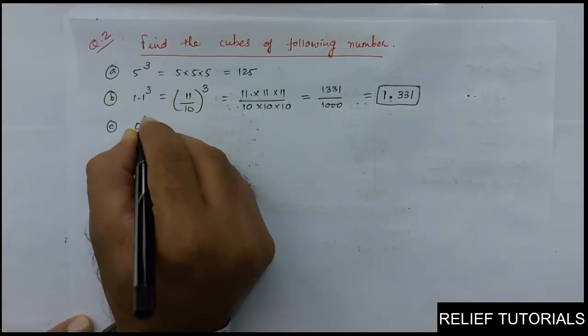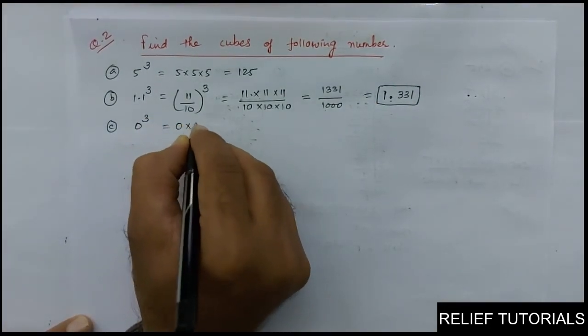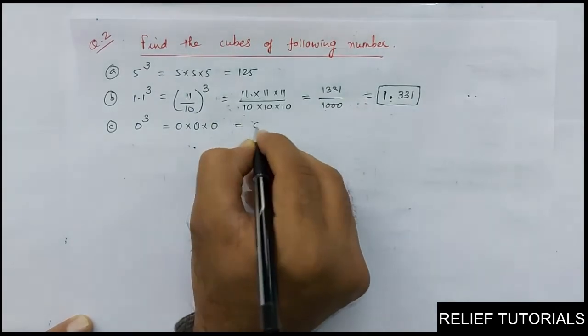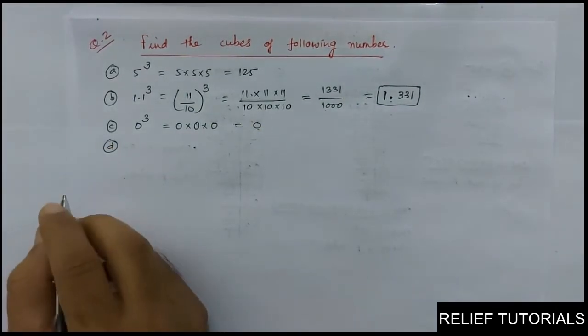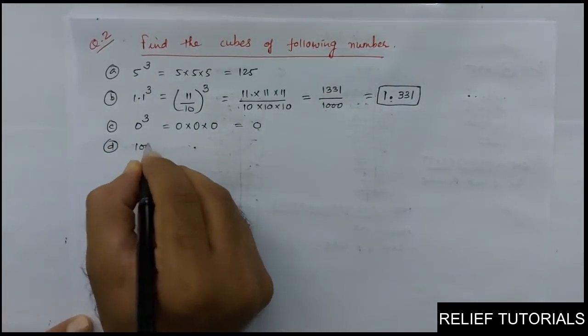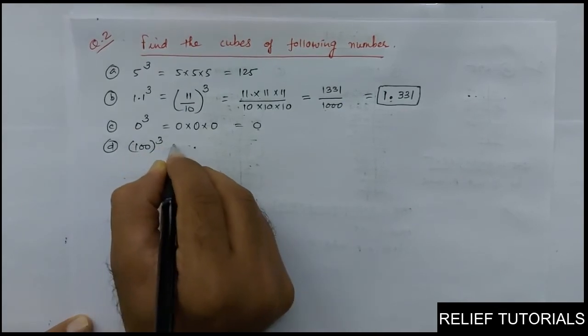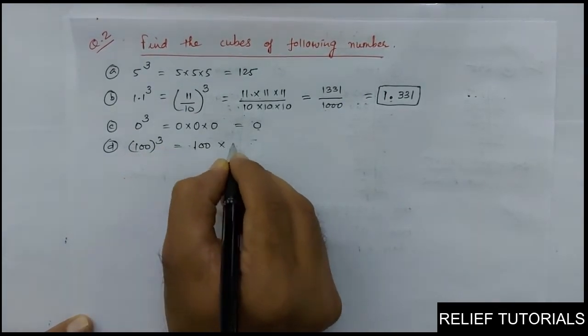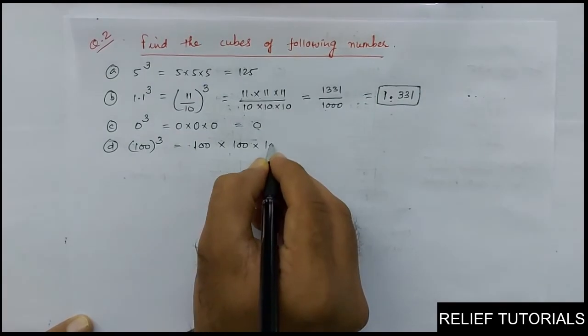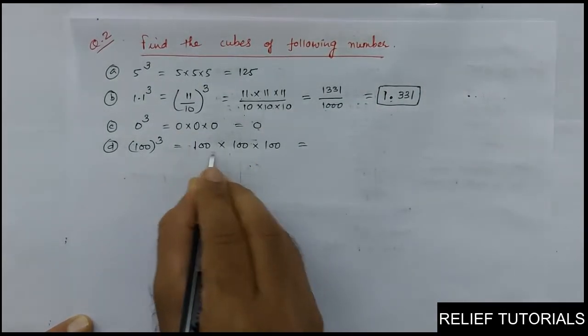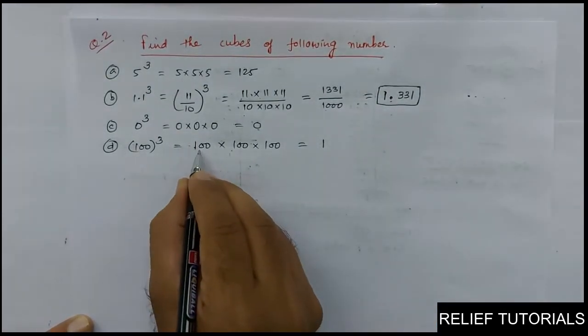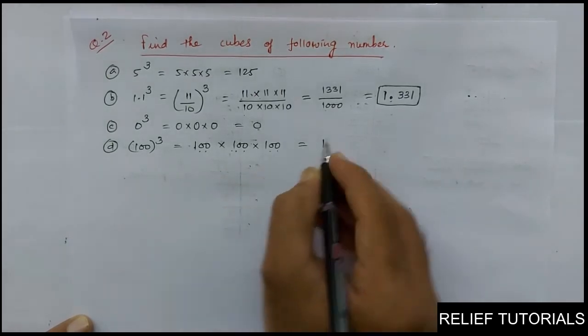C is 0 cube. 0 cube means 0 into 0 into 0, and that would be 0. Next one, D, 100 cube. 100 cube means 100 into 100 into 100. So 1 into 1 into 1, and 1, 2, 3, 4, 5, 6 zeros are there.